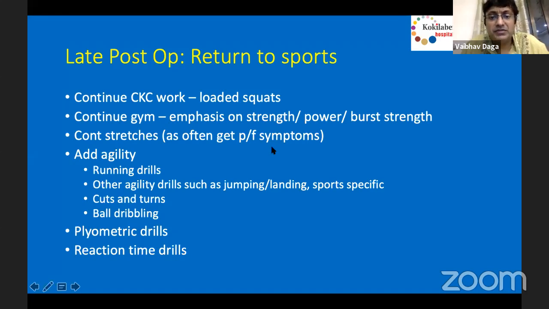Can quads and hams muscle function rather than muscle size be an important factor in varied response early after ACL injury? Sorry, I didn't get that question. I'm sorry, Shabnam, I'm not getting your question clearly.